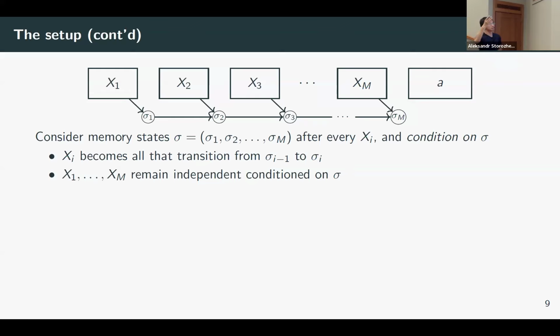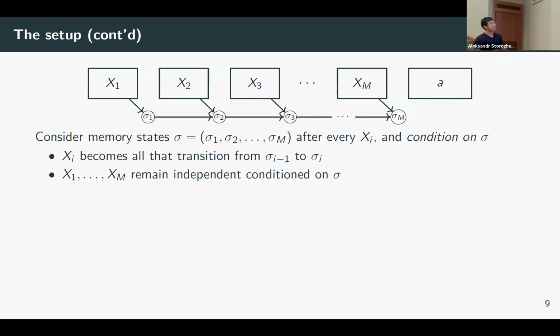And then let's look at the conditional distribution of these random Gaussians conditioned on these memory states. So what do we have? Xi in this case becomes all possible vectors that are consistent with the transition from sigma i minus 1 to sigma i.